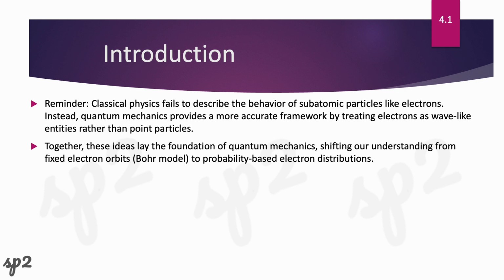Together, these ideas lay the foundation of quantum mechanics, and it's very helpful in shifting our understanding from fixed electron orbits, which is something that was given by the Bohr model, to probability-based electron distributions, right?